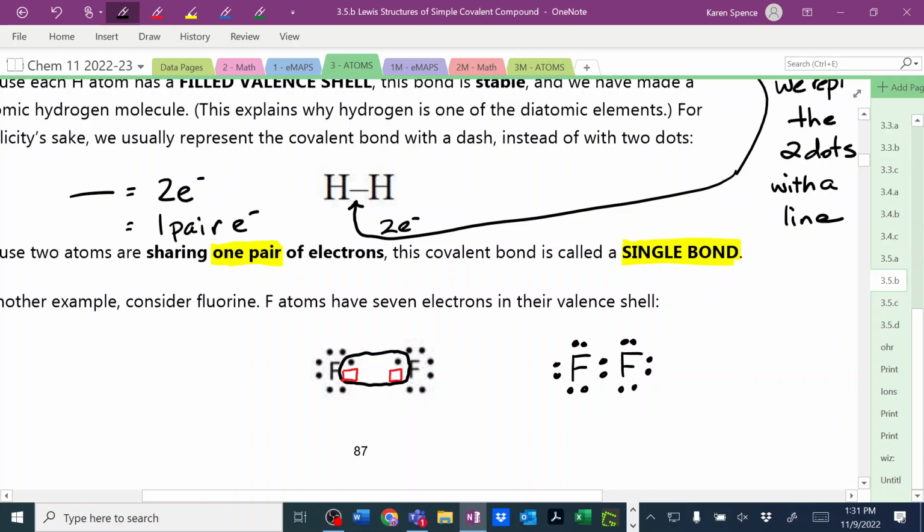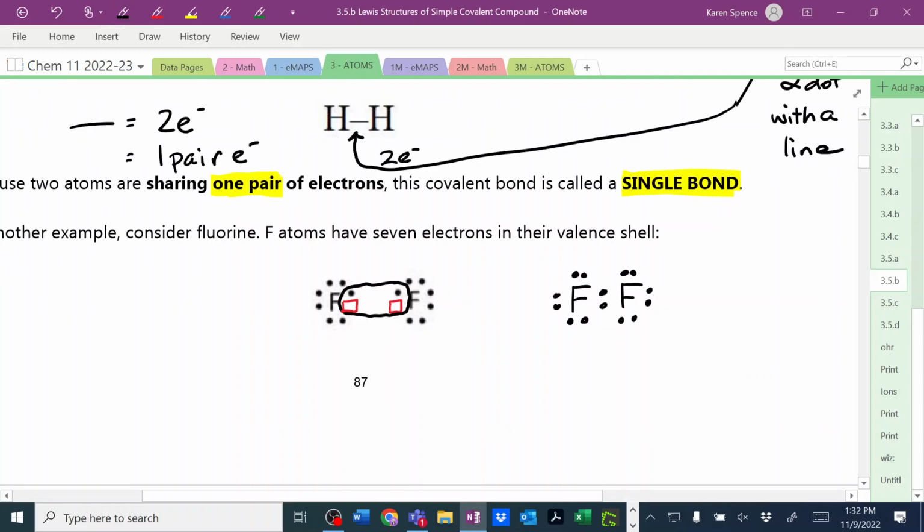And if you don't like drawing all the dots, if you prefer to draw X's, you can use X's. It doesn't matter. How could we change this so it's a little easier to look at? We could replace these 2 dots with a line, but leave all the other dots.